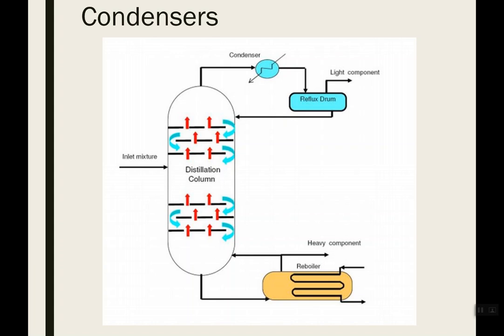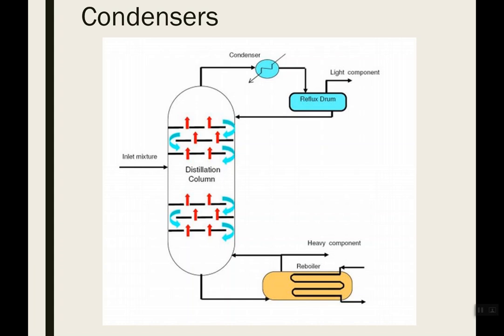You generally want to separate that into things that would be good for gasoline, or diesel fuel, or engine oil. The very bottom stuff will eventually become road tar or rubber. Actually, rubber still has to go through some processing steps. You separate these components because they have different boiling points.